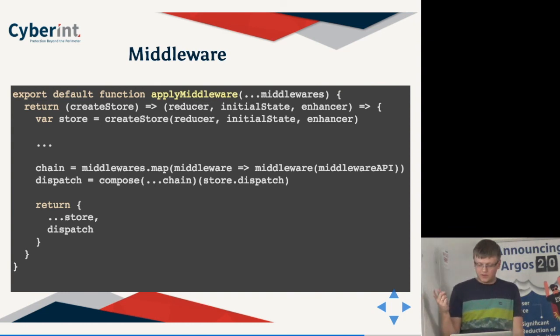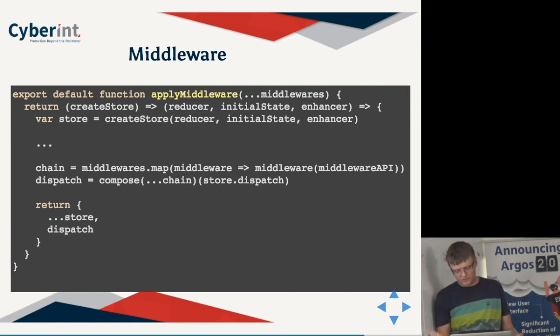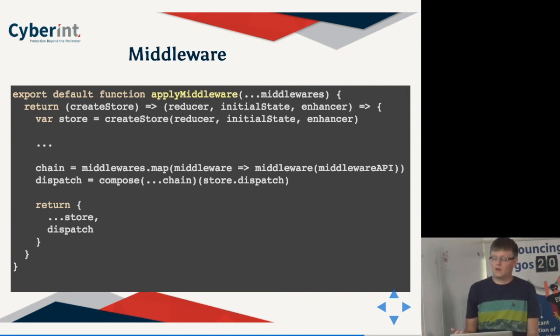Let's see how the applyMiddleware function is implemented, which is actually the factory of middleware. Never mind. So first of all, we pass the list of middlewares to the applyMiddleware function. applyMiddleware is a function which produces store enhancers. So in fact, it's a factory to produce store enhancers.